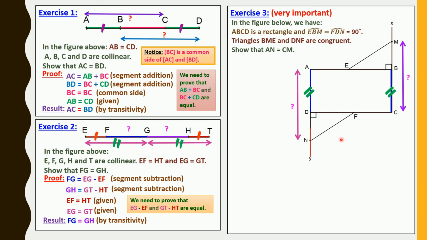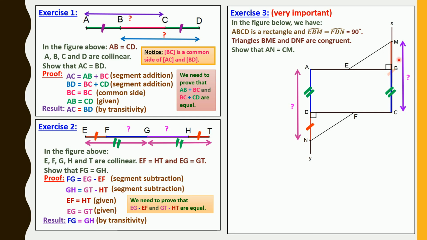And can we claim that DN equals BM? So here, the fact that the two triangles BME and DNF are congruent means we can claim that all their corresponding elements must be equal. In particular, we can claim that DN equals BM.